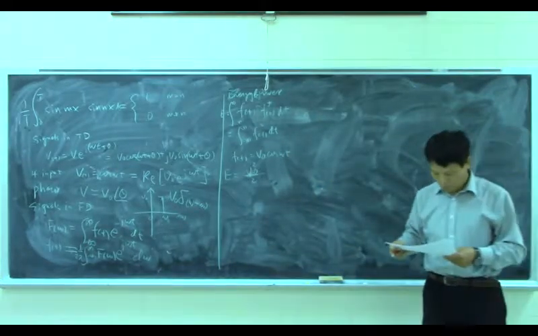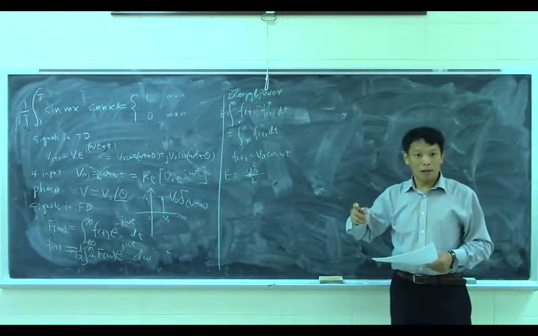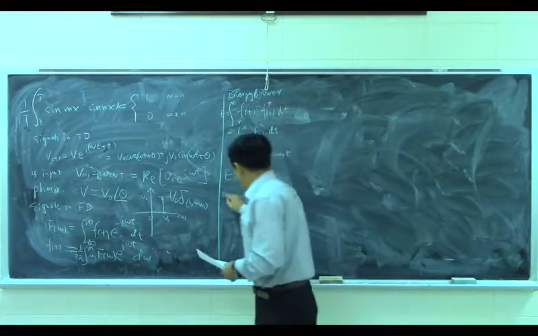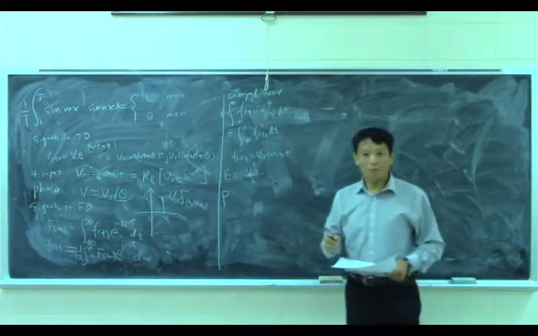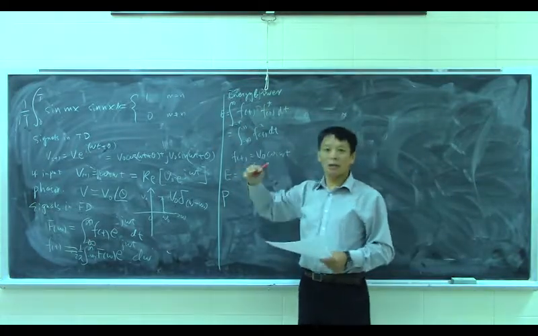Any questions on this part? Again, this is like in an AC circuit. The next one is the power. So what is power? The power is the energy per unit time.